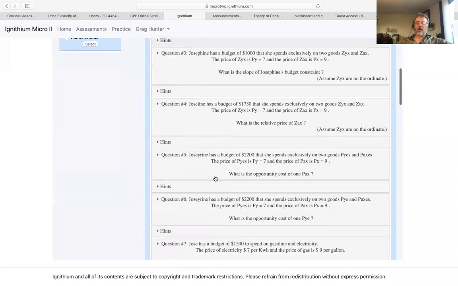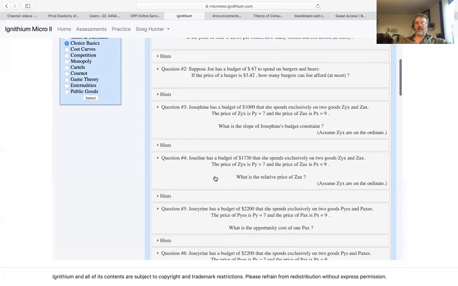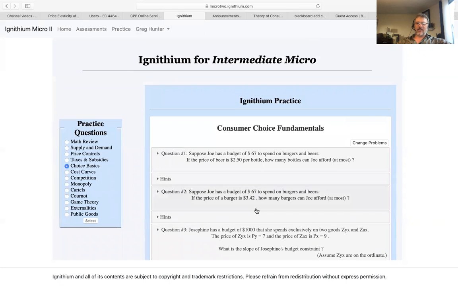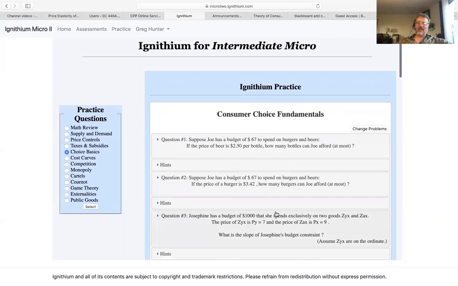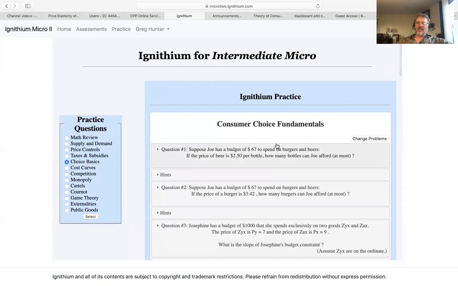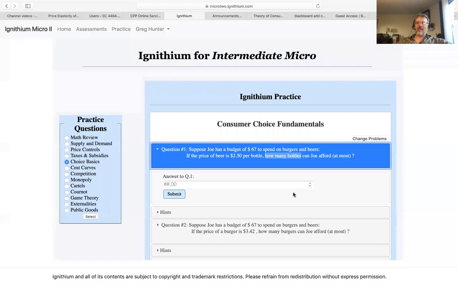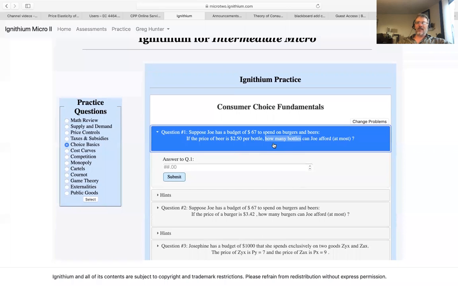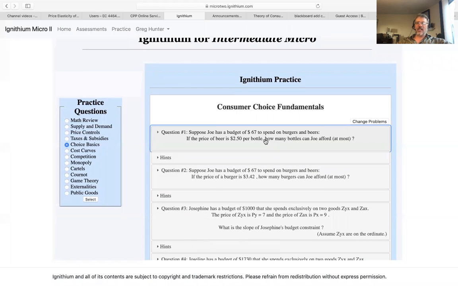So the first part of this homework assignment is all about affordability. And I think it's a pretty easy concept. The only thing that you have to be a little bit aware of is that at the beginning, I think they assume that the goods we're talking about are discrete, which means they can only be consumed in whole units.